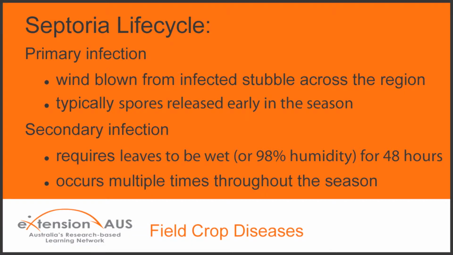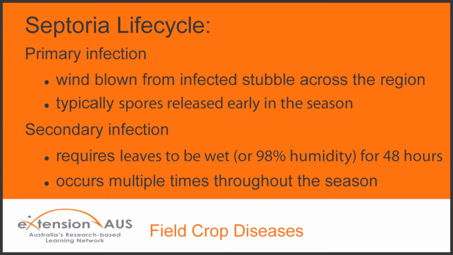These spores are typically released early in the growing season, so time of sowing can be an important part of the management. Early sown crops are going to be at more risk from Septoria tritici blotch. The next part of the life cycle, once the young crop has become infected with the spores off the stubble, is secondary infection, which happens when we get wet weather, and this can happen multiple times during the season.